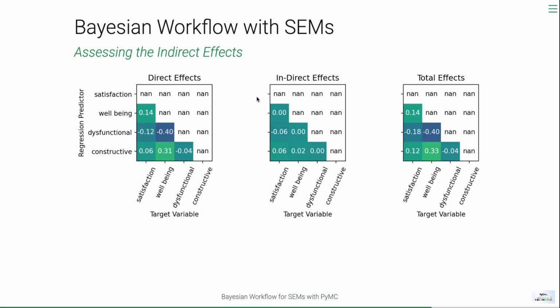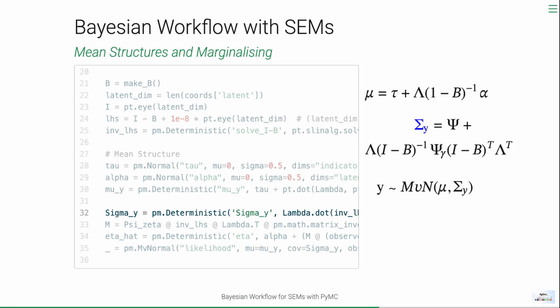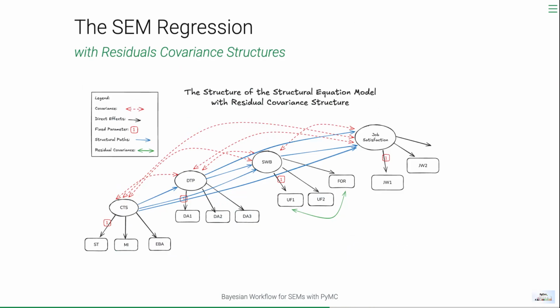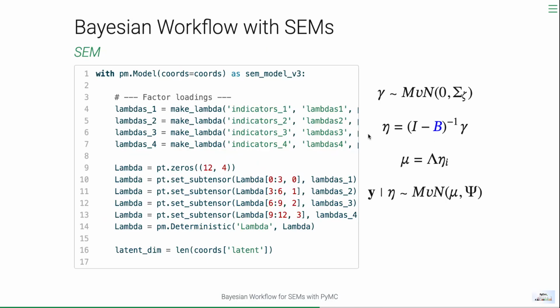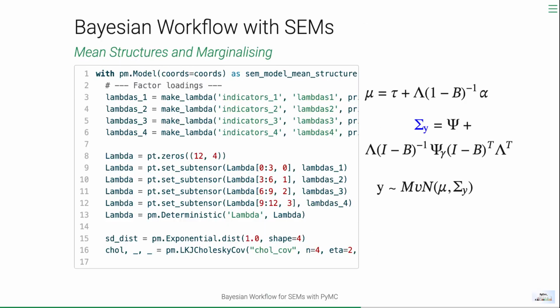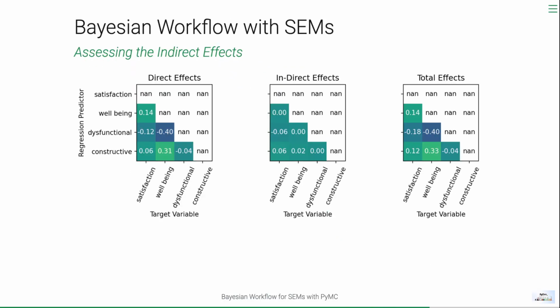Indirectly, via the relationship with well-being and dysfunctional thought, it has a net positive 12 effect. So is that clear? You have more paths, so you can trace all the pathways through all your latent factors, and you can gain a more nuanced understanding of how constructive thought processes operate on your variable of interest, i.e. your job satisfaction measure. And this all comes for free with that B matrix, basically.